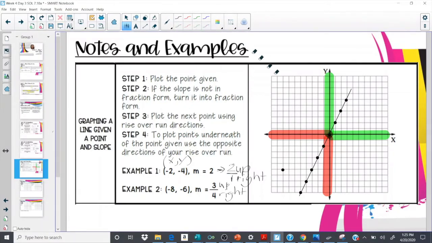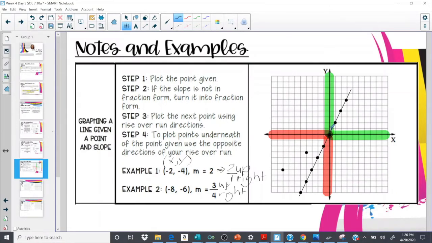From there, we're going to plot our point using our directions. From our point that we plotted, we are going to go 3 up, 1, 2, 3, and 4 to the right, 1, 2, 3, 4. Plot your point. We are now at the origin.